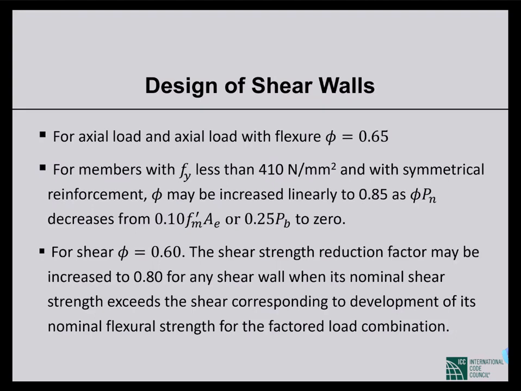So if the axial load is less than 25% of axial load, if we consider balanced reinforcement, or 10% of the total capacity of Fm prime into effective area. If it is less than 10%, then we can increase the value of phi. For shear, it is even less, 0.6.